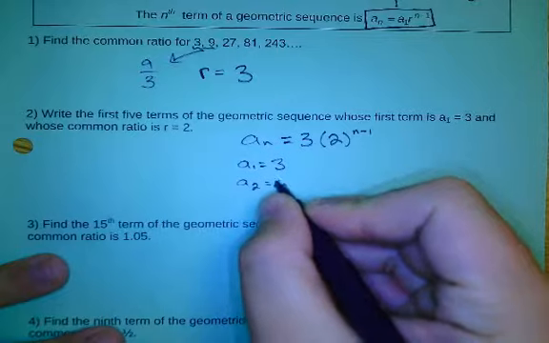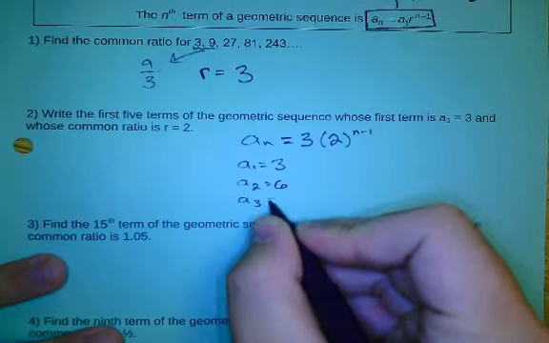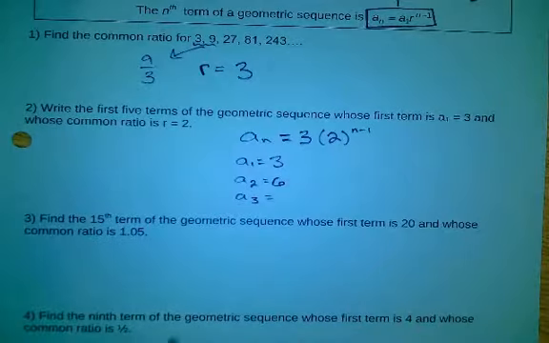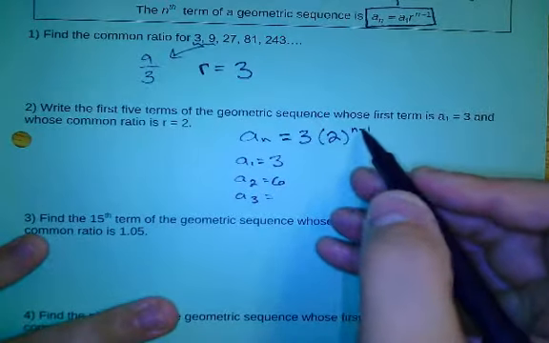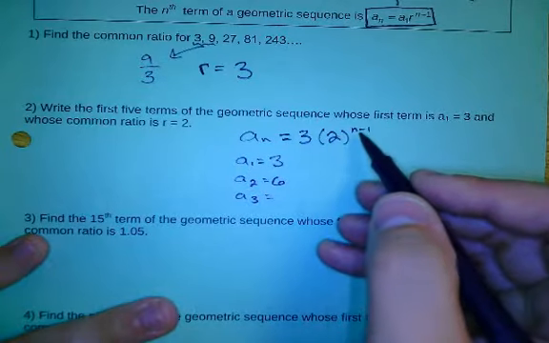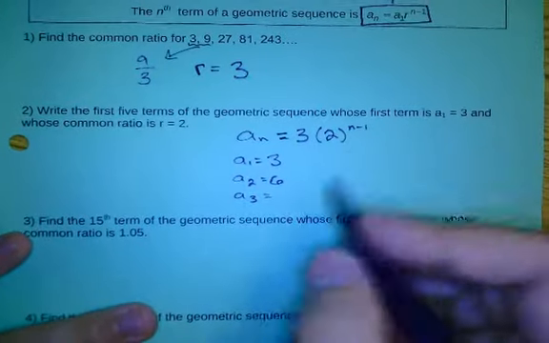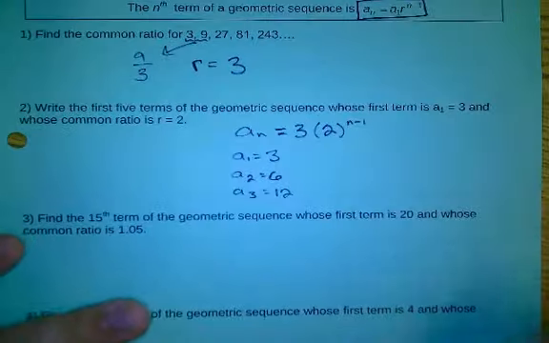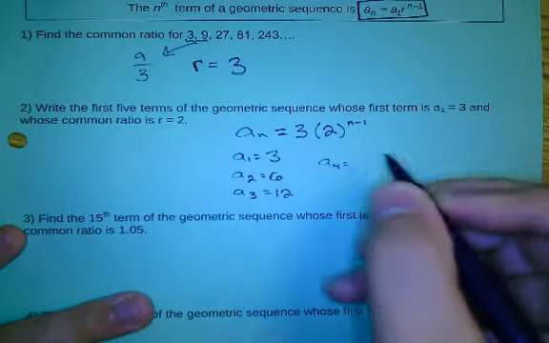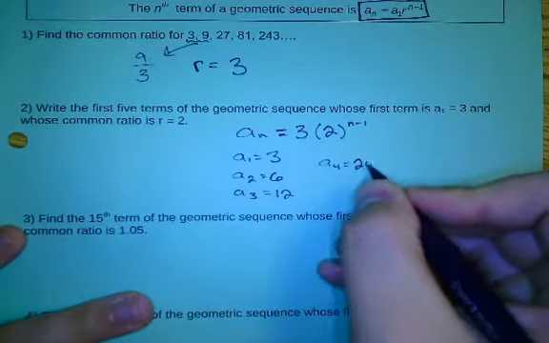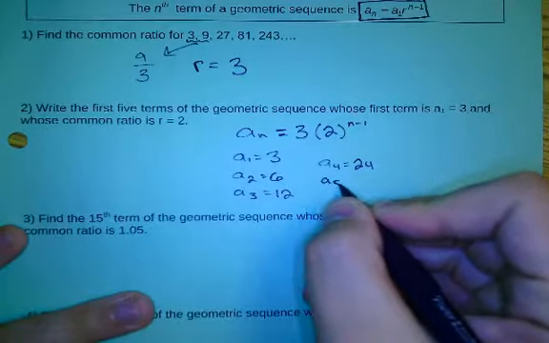It is 6. A sub 3. You can plug it in to be like, 3 minus 1 is 2. 2 squared is 4 times 3 is 12. At some point, you can just start noticing the pattern. What is the pattern? Yeah, just doubling it.